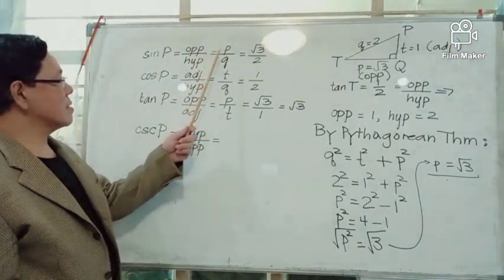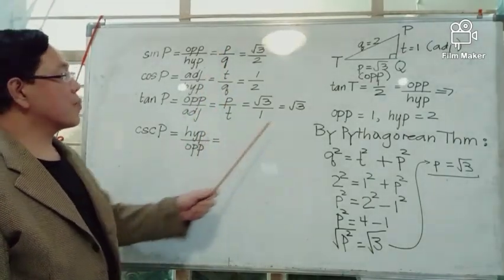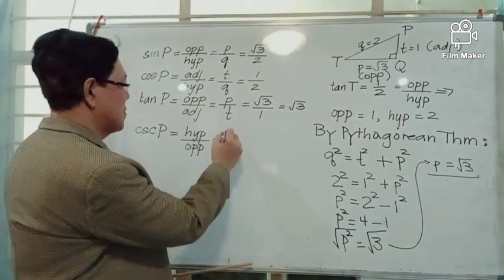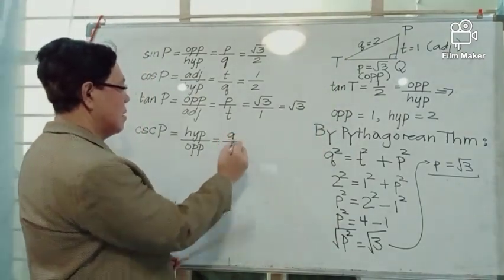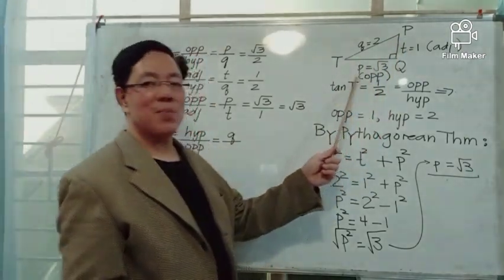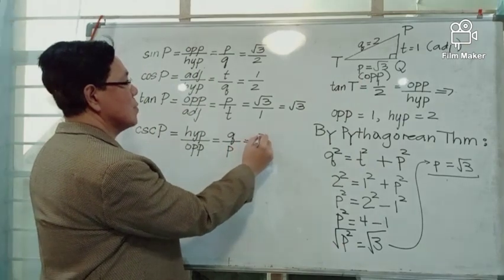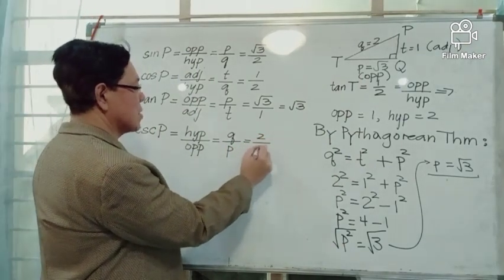And it's equal to the reciprocal of p over q, or hypotenuse is q, opposite the acute angle P is small p. q is 2 over square root of 3.